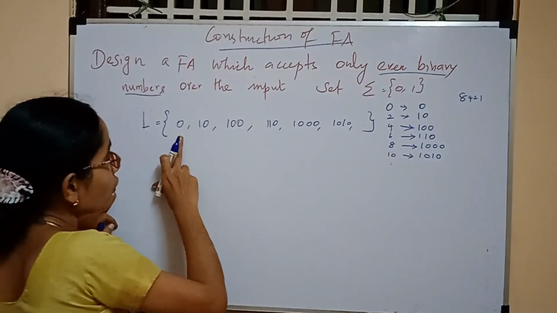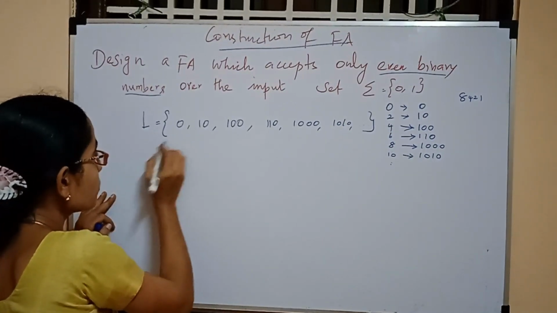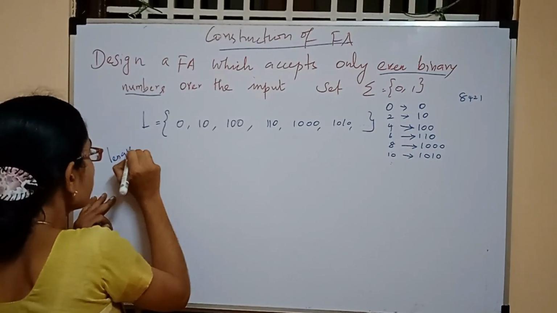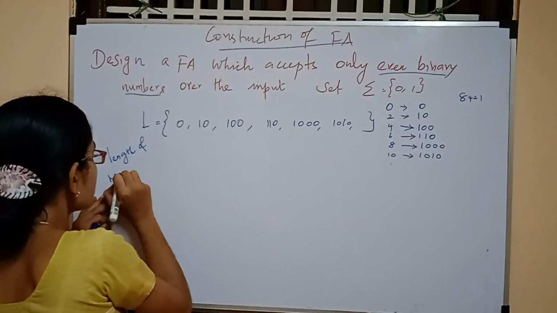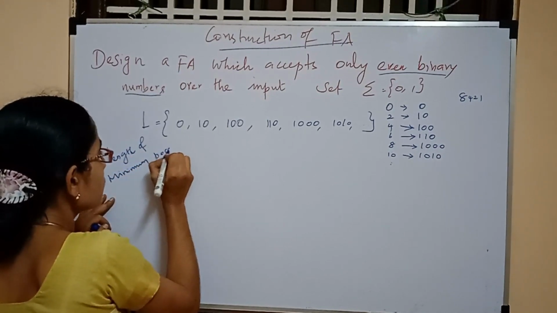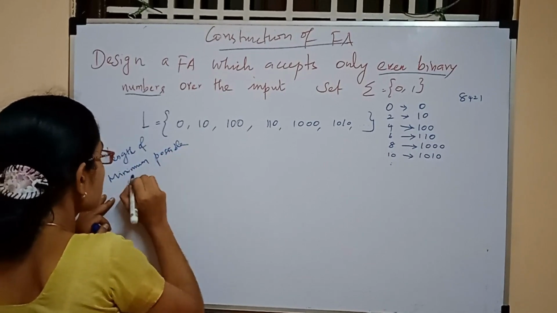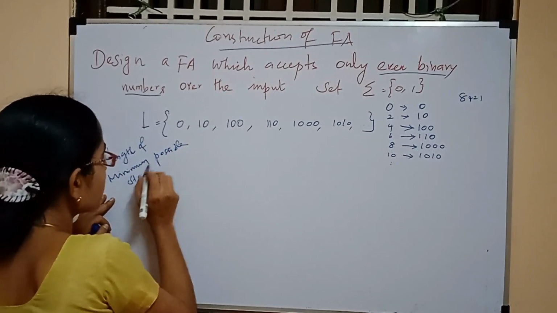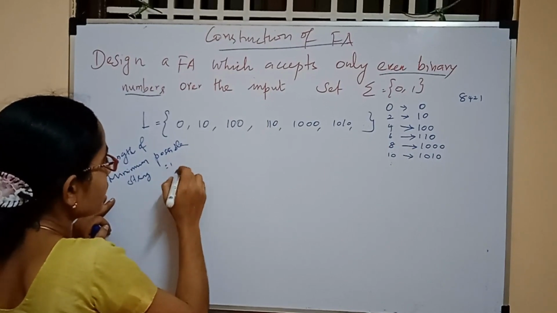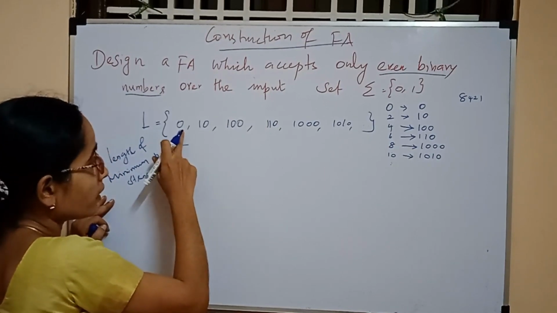This is the minimum possible string in the set, right? Here in this set we have 0, the length is 1. So the minimum possibility is 1.